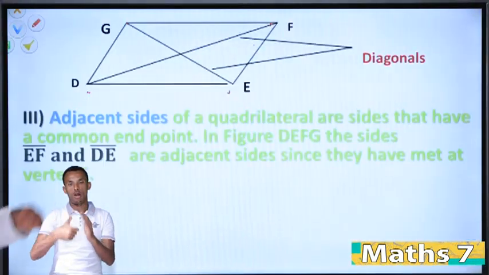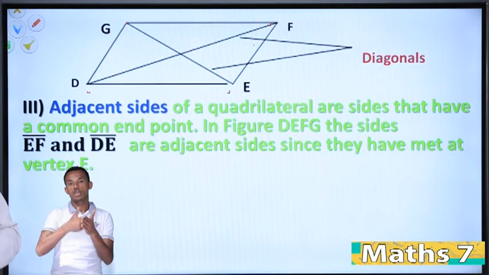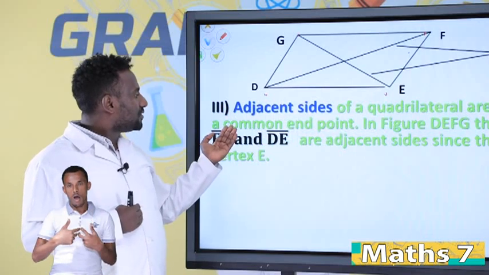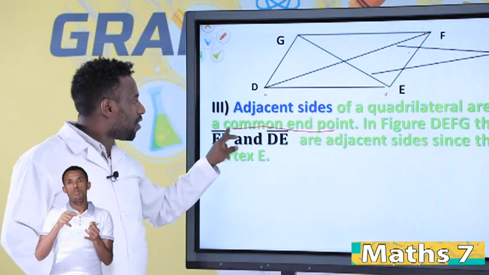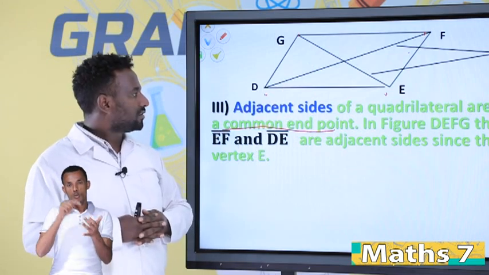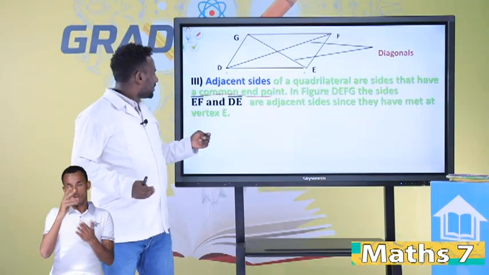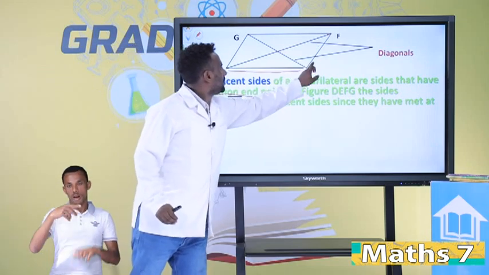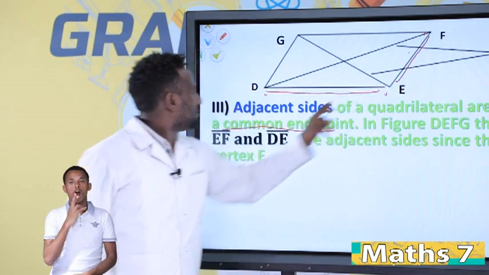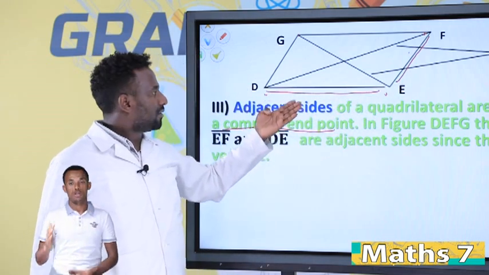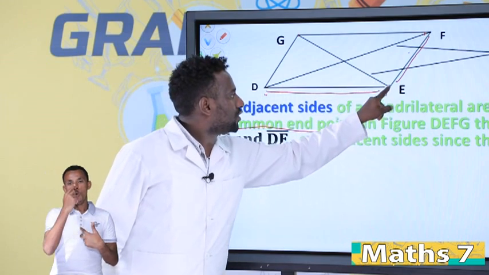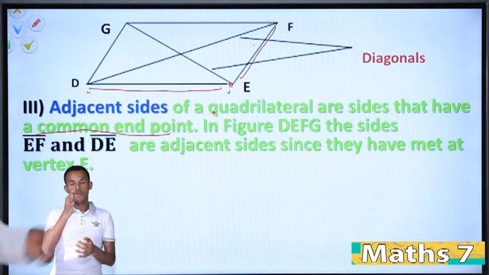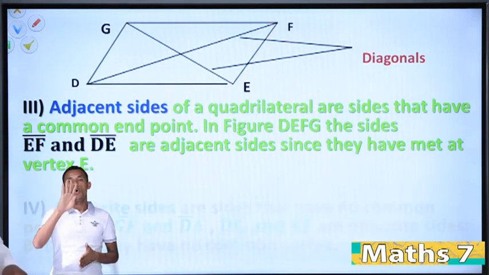Another main point on the quadrilateral is the adjacent sides. Adjacent sides of a quadrilateral have a common endpoint. Let's take two line segments, DE and EF. They are adjacent sides having the common endpoint E. So DE and EF are said to be adjacent sides of a quadrilateral.